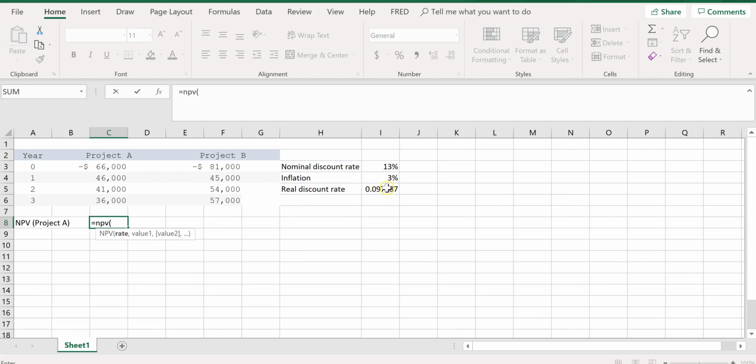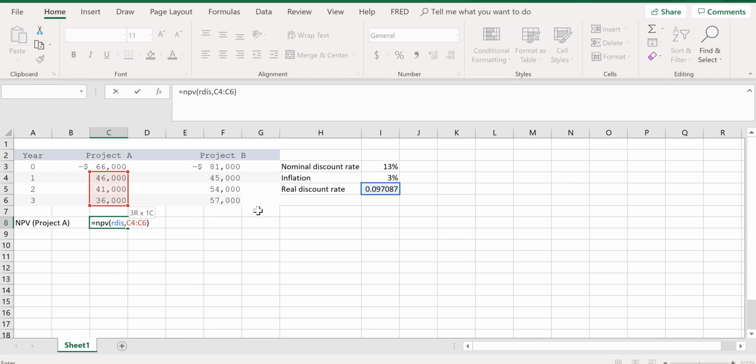So we just put this in as the first argument, and then the values 1, 2, and 3 refer to the cash flows. As I said, we need to start from year one's cash flow and pull the mouse all the way down to the last year's cash flow. So C4 to C6.